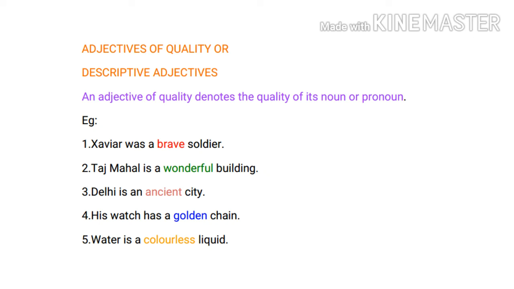Delhi is an ancient city. His watch has a golden chain. In all these examples, the adjectives describe the respective nouns. So, they are called descriptive adjectives or adjectives of quality.